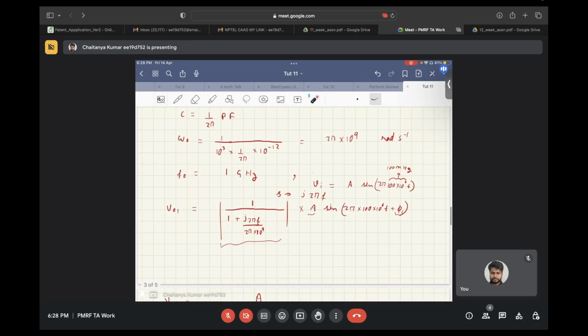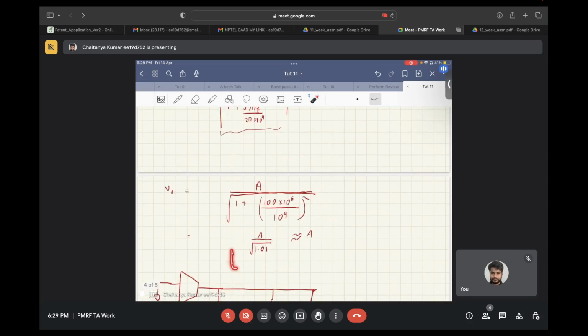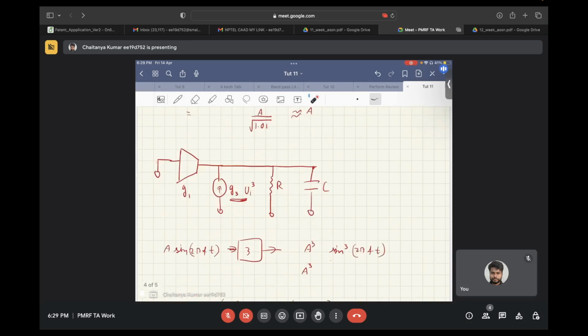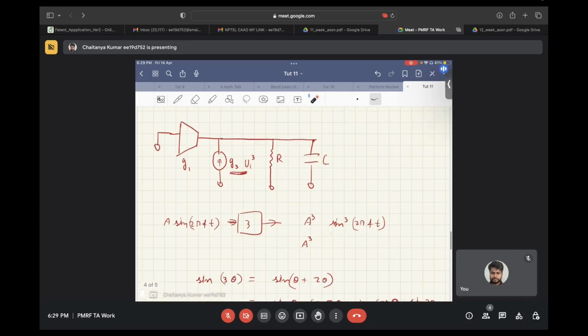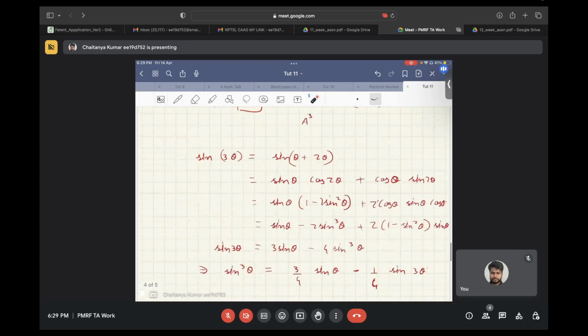So you get V01 from there, approximately equal to A. Then you ground the input. If the input is grounded, this transconductor becomes useless. Then you inject the nonlinear current, that is G3 times the input cube. The input cube will become sine cube 2 pi ft, so that will contain both the fundamental tone as well as the third order harmonic.